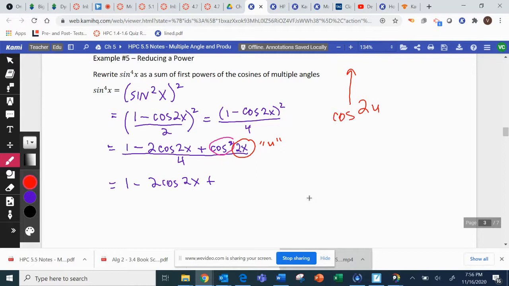I'm going to be multiplying the 2x with another 2 when I put it in. So I will have 1 plus cosine 4x over 2. And then this whole thing is over 4.